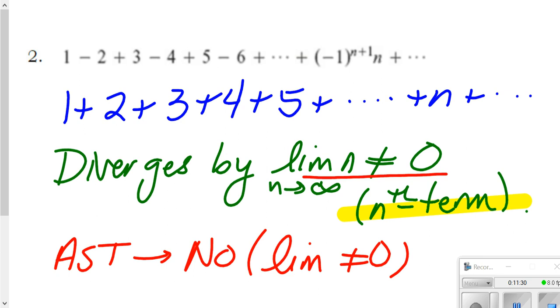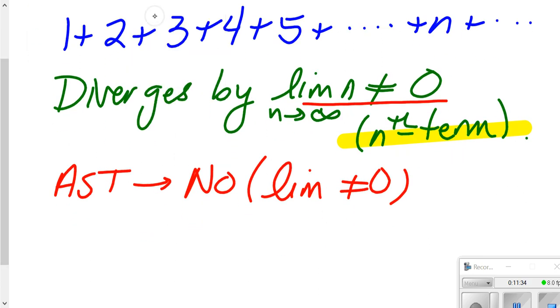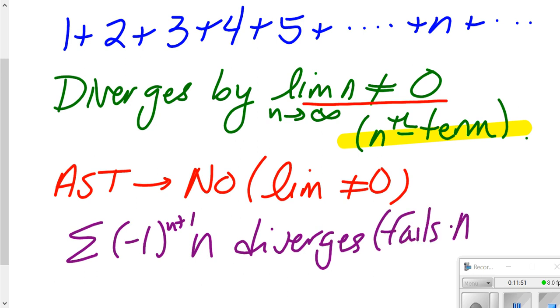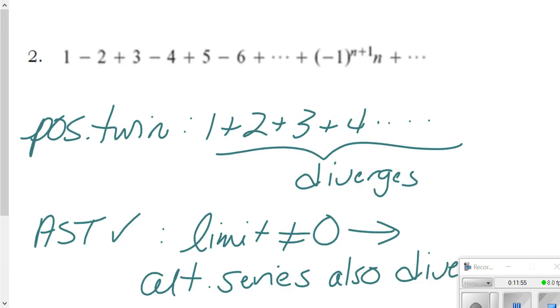Okay, so right here we can say that the alternating series also diverges because we don't pass the alternating series test. Okay, so this guy with the alternator diverges, fails alternating series test. Something along those lines.